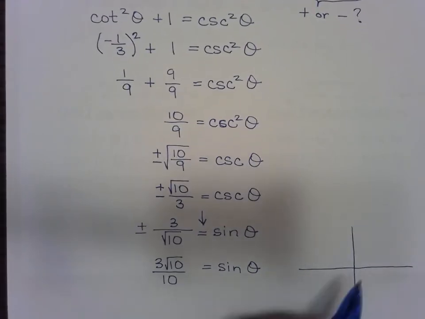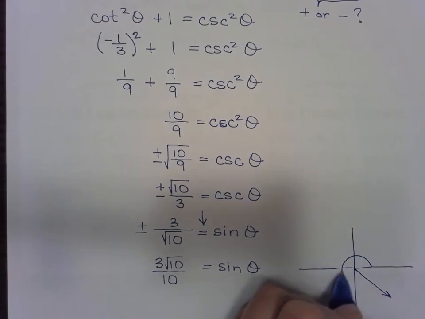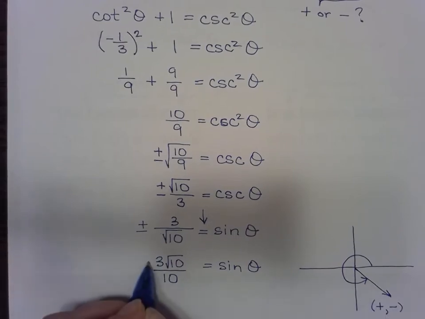If I am in quadrant 4, what sign does the value of the sine have? In this quadrant, the cosine is positive, but the sine is negative. So I really want to choose the negative value for the sine.